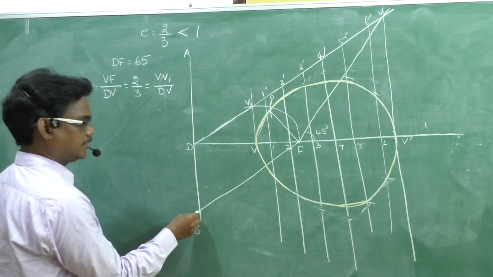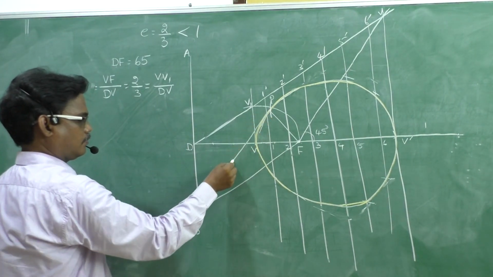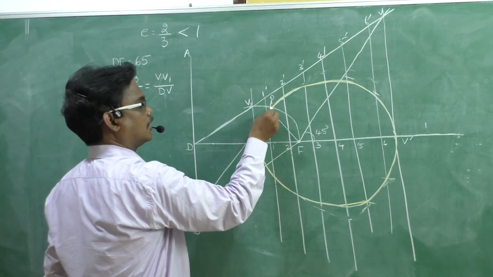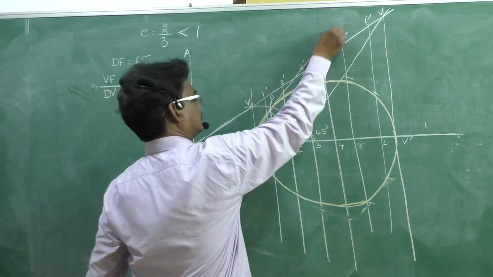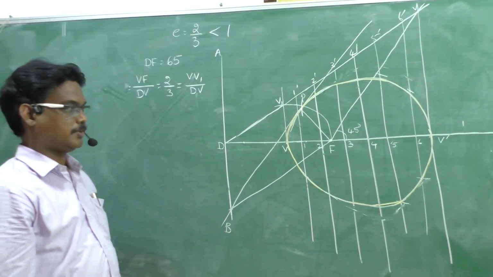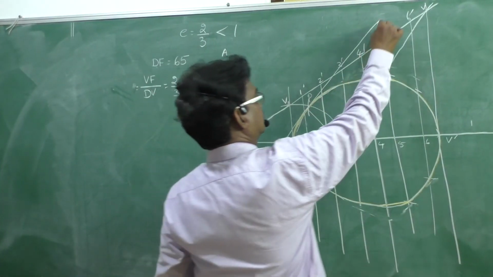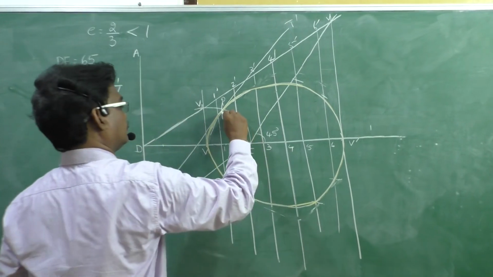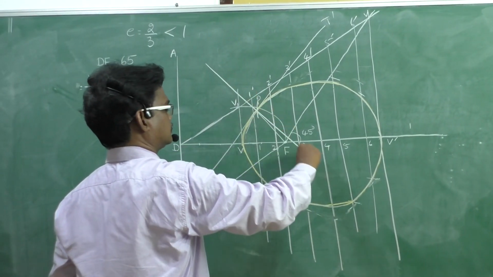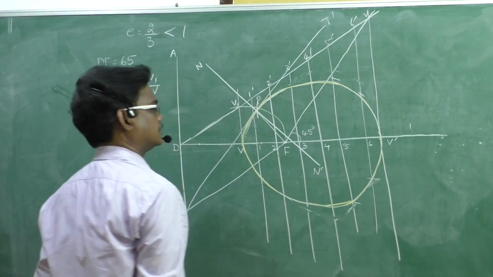It will cut the directrix here, and draw a line like this and extend it. Just it will touch the ellipse at point P. Then it will be called the tangent, T dash. If you draw a perpendicular line to this, it will give the normal, N dash.